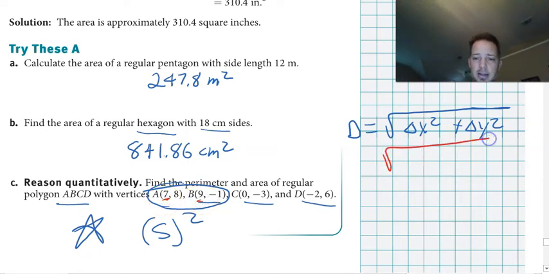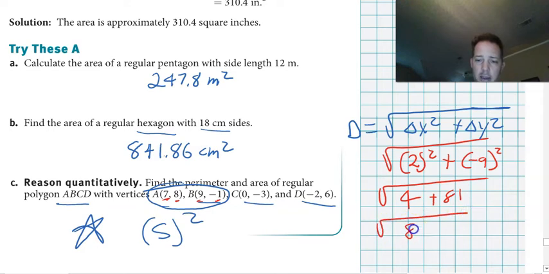So changing x goes by 2 units. And the y values from 8 to -1 goes down by 9. All right, so 2 squared is 4, 9 squared is 81, square root of 85, so the distance is going to equal square root of 85.